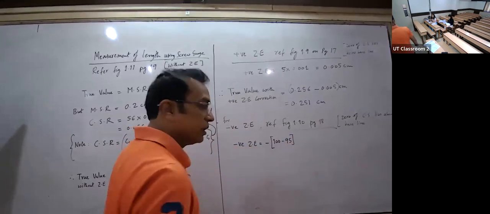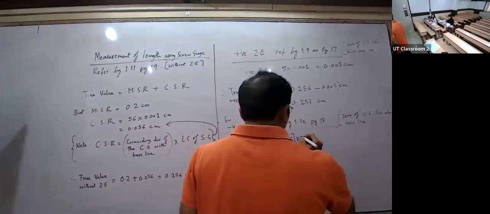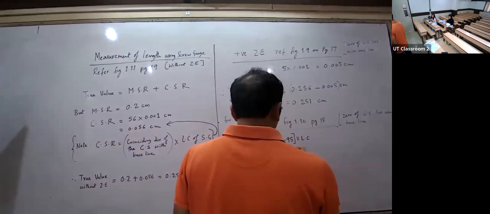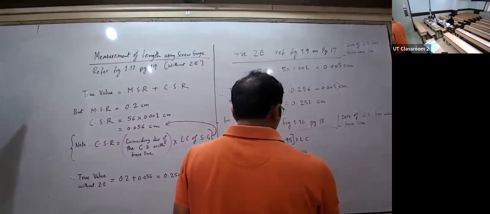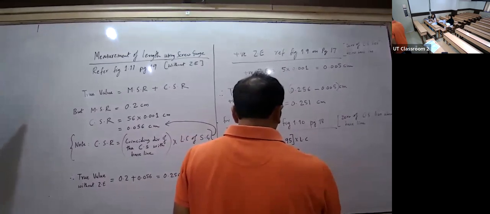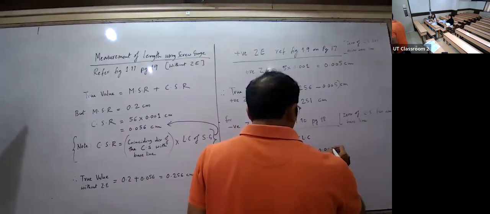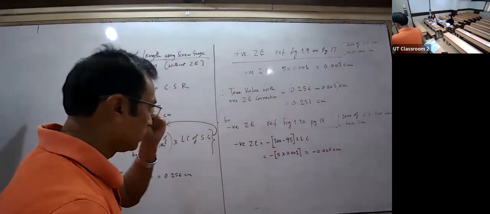You see the coinciding division is 95. Then multiply with least count. Okay, so how much is this? This is minus. And again it is 5. Still get minus 0.0. Yeah, this is the negative zero error.